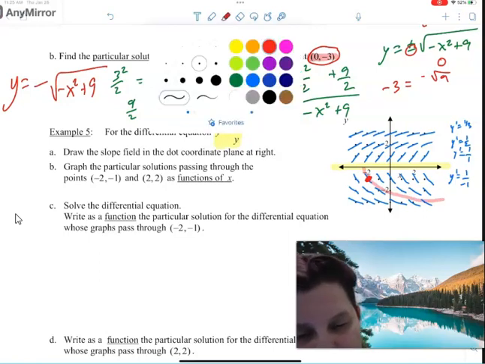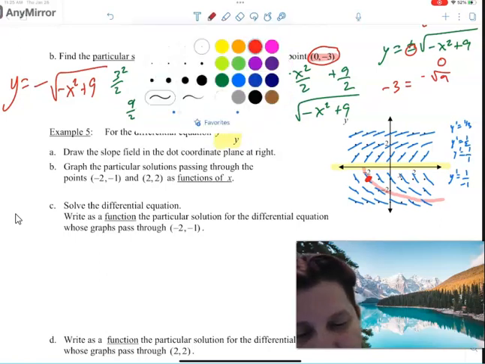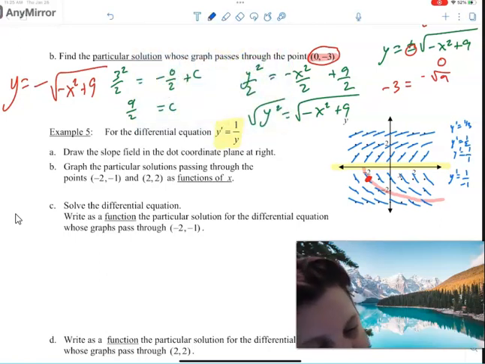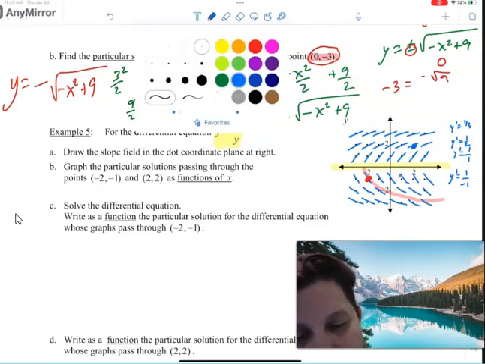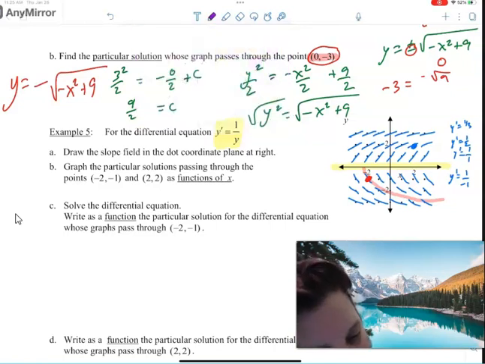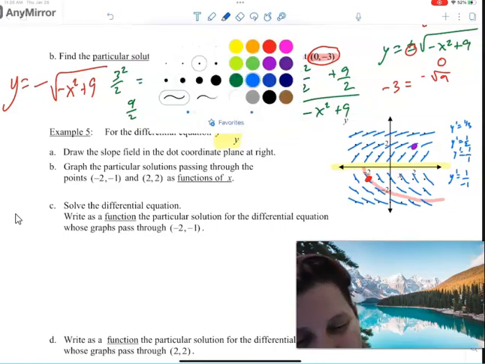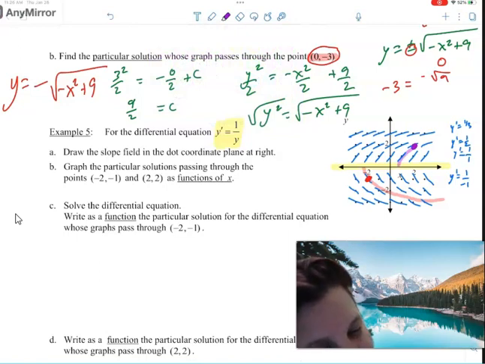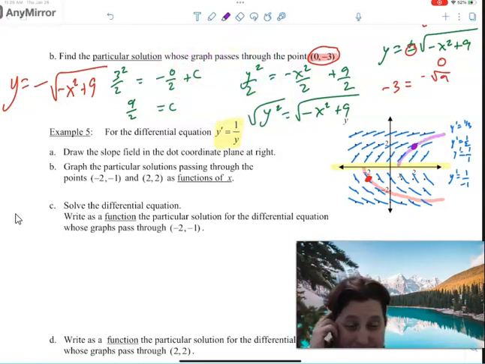And then what about the solution through the point +2, +2? So that one's going to look like, I should use a different color, not blue. I feel like that's going to go like that. Okay? So that's the particular solution.